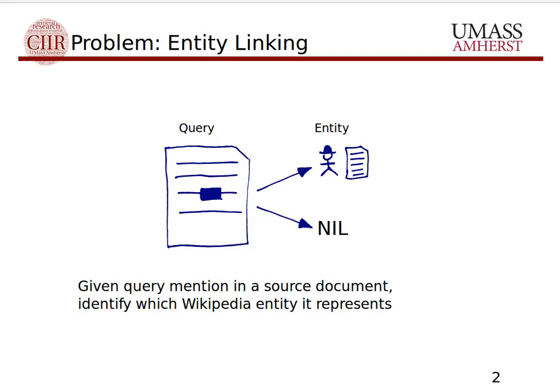In entity linking, we are also given a knowledge base, and the task is to indicate which entity this string represents. If the string represents an entity in the knowledge base, we want to return it to the user. If we don't have any entity in the knowledge base represented by the string, we want to return nil, which means none of the entities in our knowledge base represent the string.